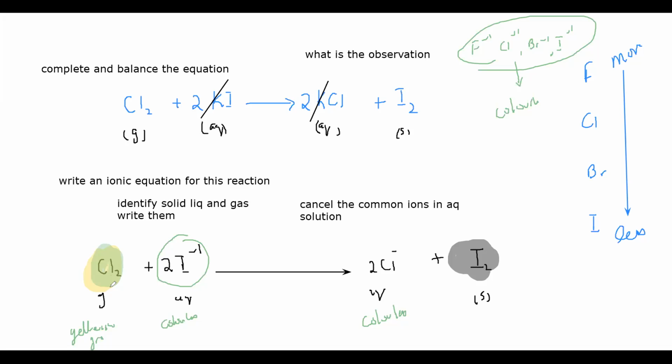So basically, chlorine molecule is a yellowish green gas. In the beginning, we'll have yellowish green gas. But as the reaction progresses, what will we observe? We will observe iodine is formed, which is a black or purple solid. But in an exam, it depends on the state of iodine, because iodine can dissolve in water also. So you have to learn these colors of iodine.